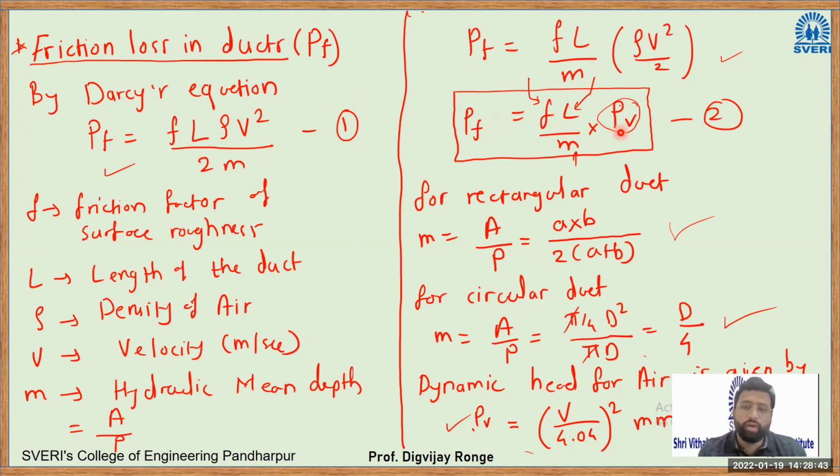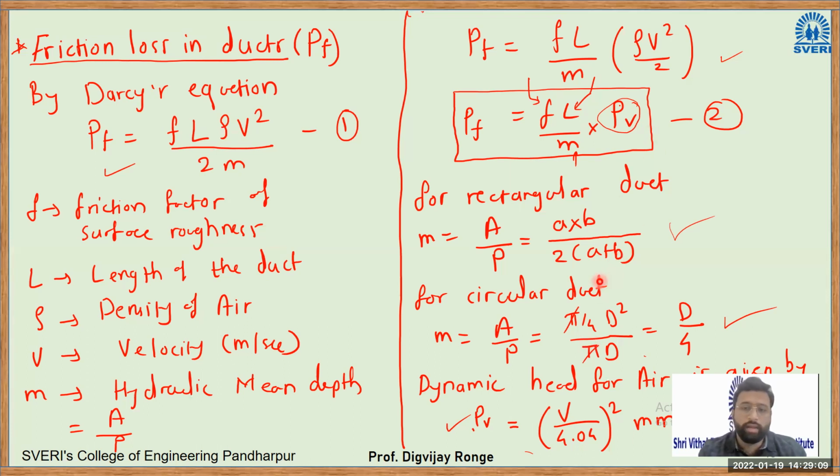Now for different sections, you can calculate this. For rectangular duct, this hydraulic mean depth is the ratio of area divided by perimeter. Area of the rectangle we know A into B, perimeter we know 2 into A plus B. So I will put this into this equation and I will get the PF value.